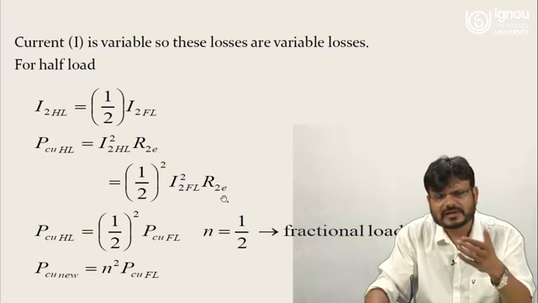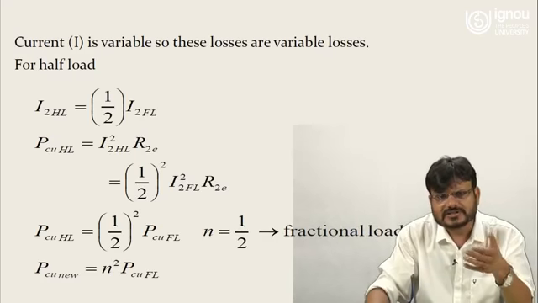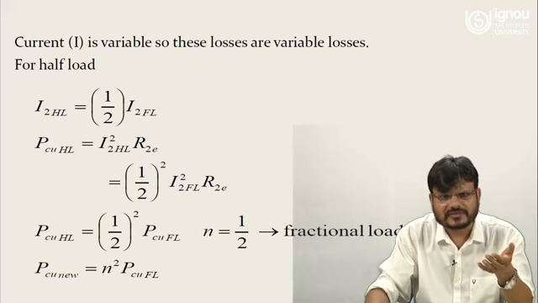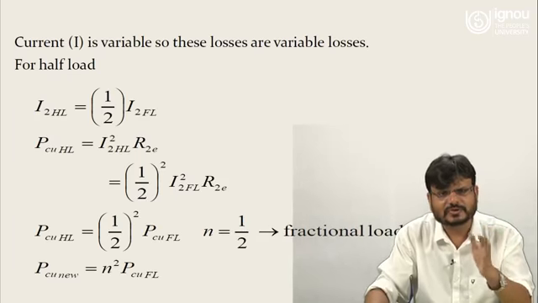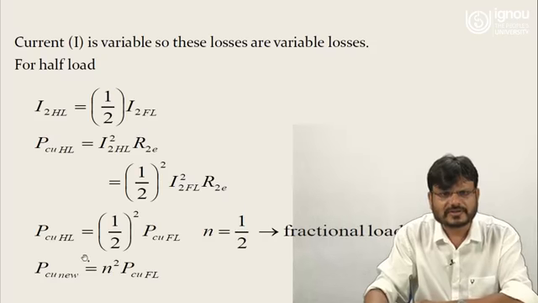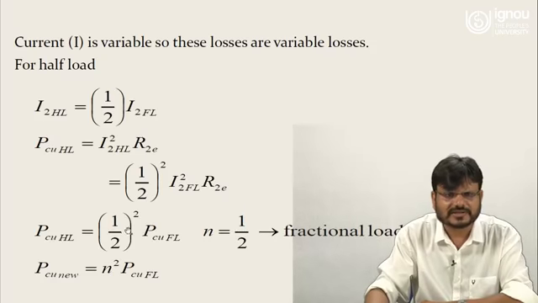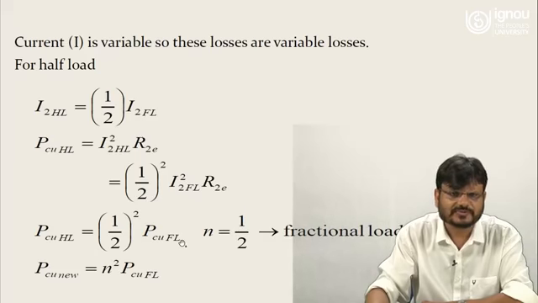So the copper losses when the load is half will be 1 by 4 times the losses at full load. The copper losses at half load can be written as 1 by 2 square times PCU FL, where PCU FL is the copper losses at full load. Here this is 1 by 4.